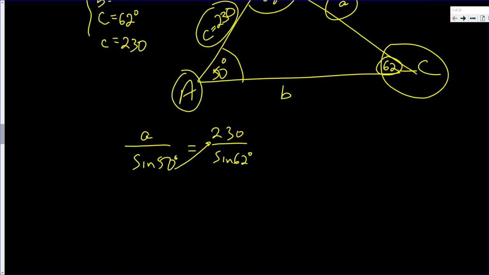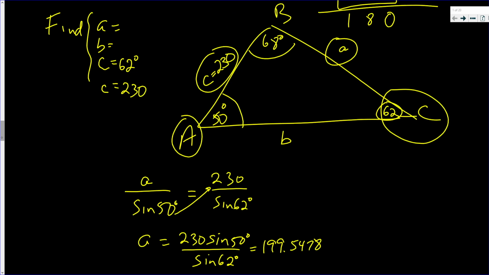This goes up there. A is equal to 230 sine of 50 degrees divided by the sine of 62 degrees. And if you crank out these numbers, you get that A is fairly close to 200.